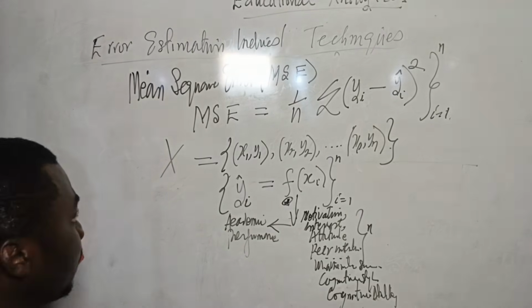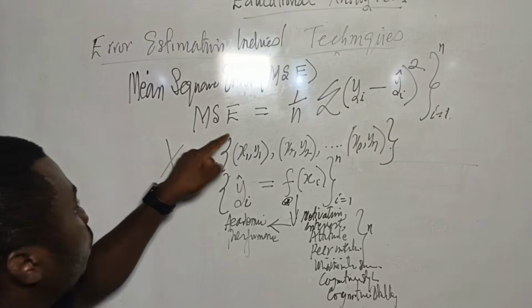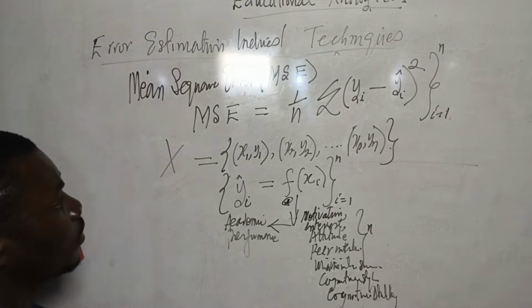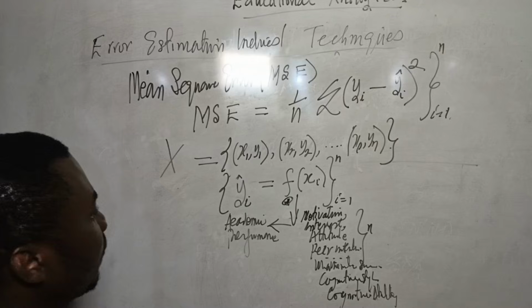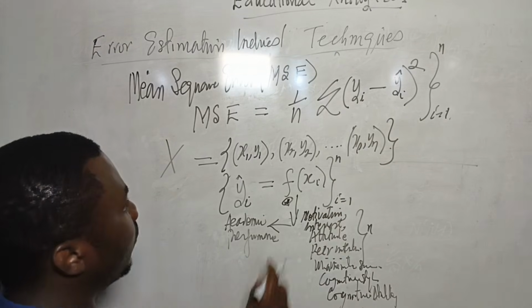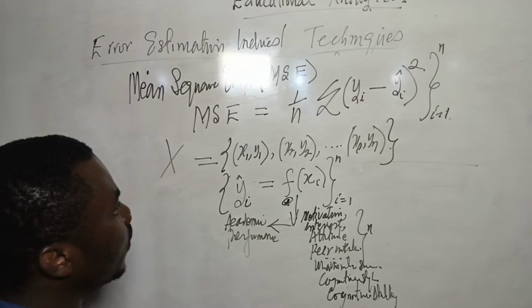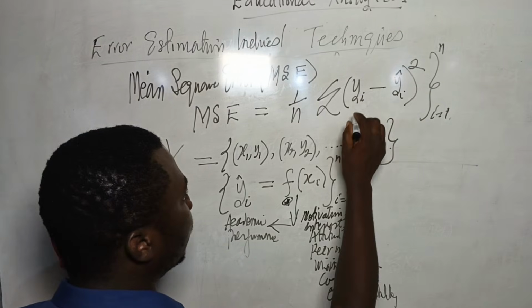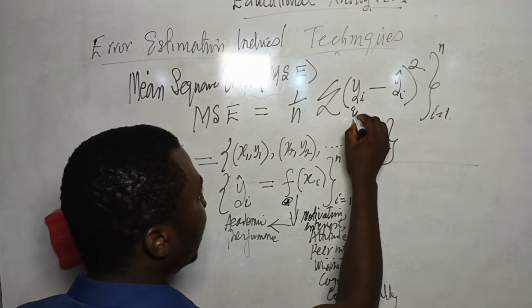Now, the mean square error is going to approximate the difference between the response variable and the exact variable.